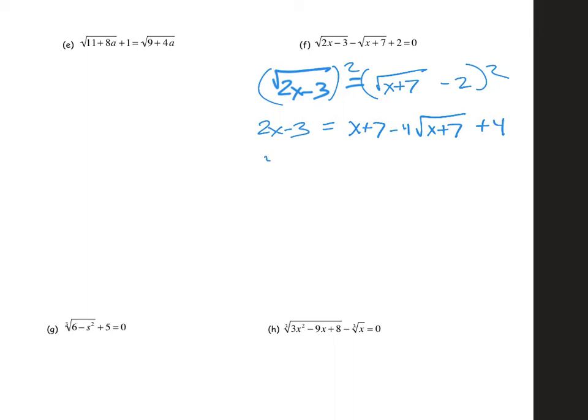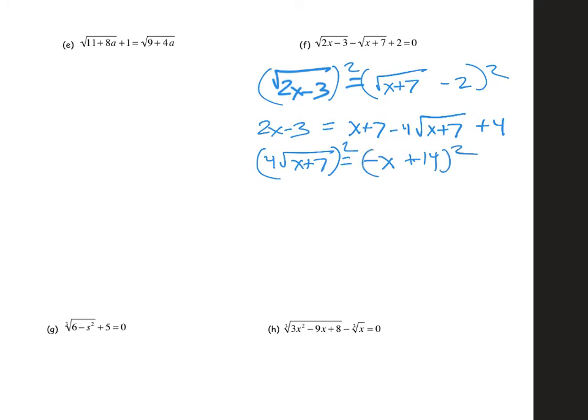I'm going to bring the 4 and the x plus 7 to the left, and everything else to the right. So it looks like I have negative x plus 14. Okay, so now we're again squaring both sides.